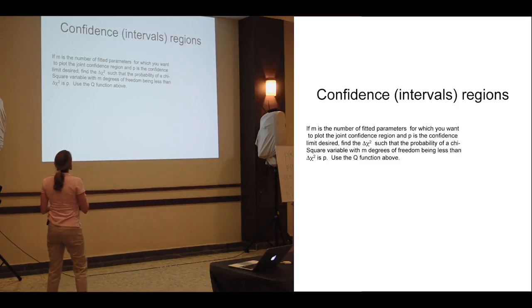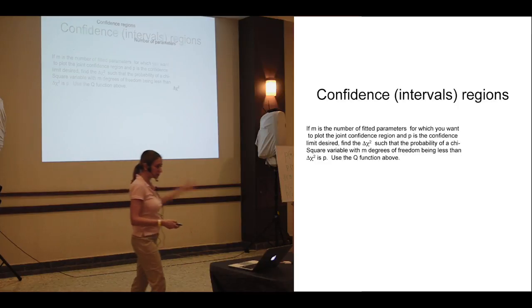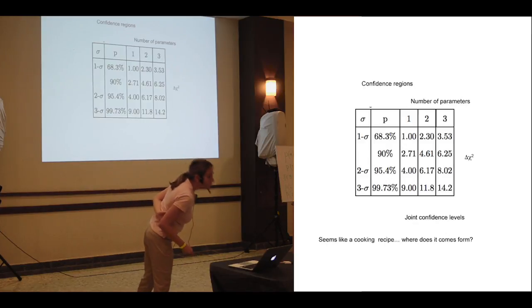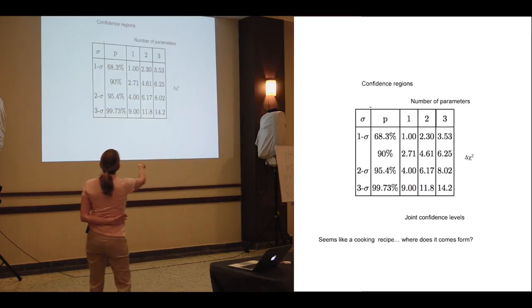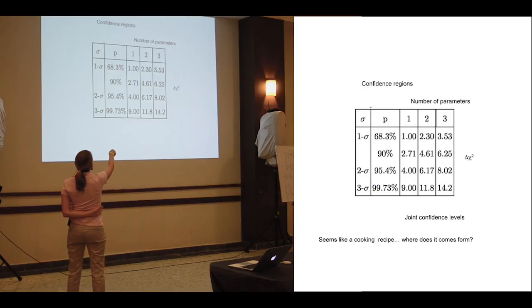So the recipe that you had was: if n is the number of hidden parameters you want to plot the joint confidence region for, and P is the confidence region desired, find the delta chi-square such that the probability of the chi-square variable with n degrees of freedom less than what you measured is P. And then you do that with the function, or you just go to a table and you say 68% with one parameter is that probability, and this is your delta chi-square.